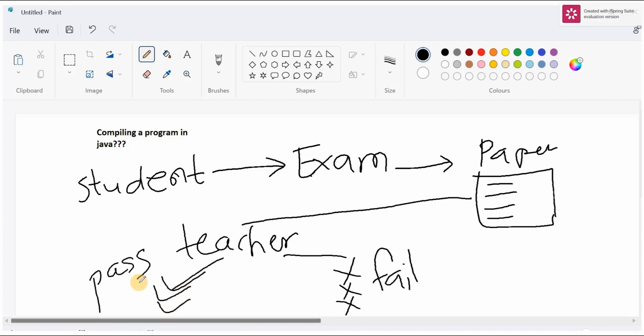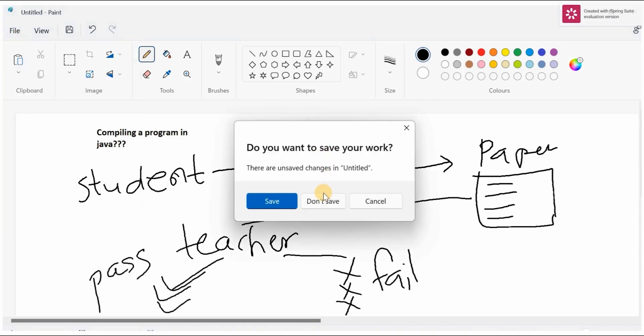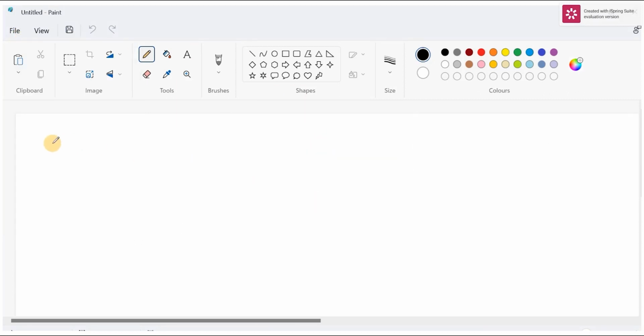If the answers are correct, then that student passes, and if the answers are incorrect or wrong, then that student will fail. So in the same way, in programming also the same thing happens. In our Java programming language, or in any programming language, we are a programmer.